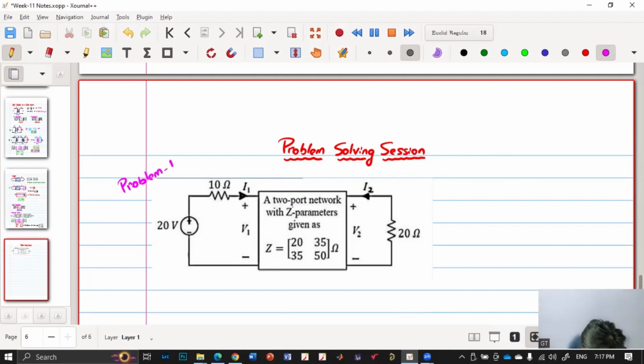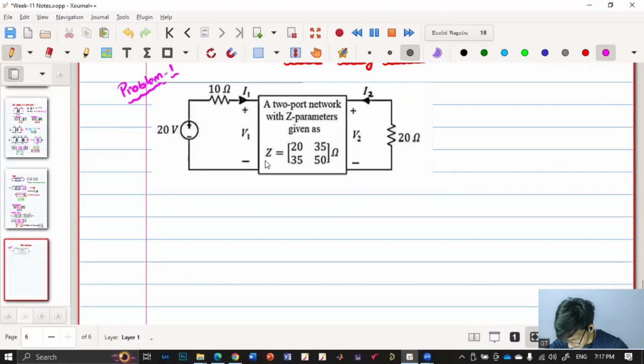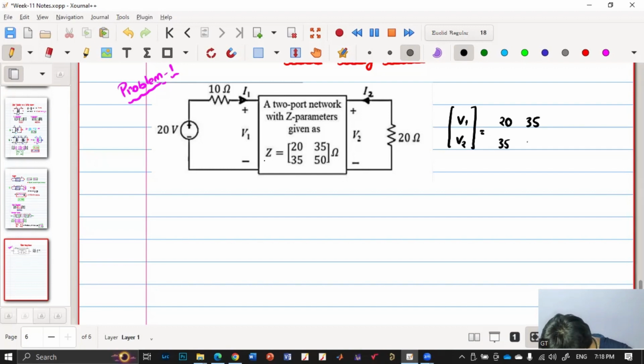So this is our problem one. They have given the Z parameters, which is the relation between V1, V2 and I1, I2. So I can write [V1, V2] equal to [20, 35; 35, 50] times [I1, I2].